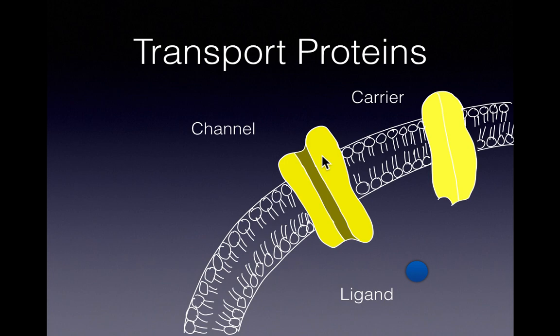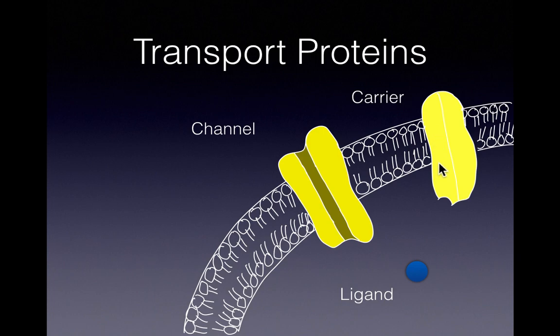It's possible, with a phosphorylation or a ligand binding, but for the most part, a leak channel or a channel protein is going to stay open, and it's going to enable specific particles, not any particles, specific particles, to come through that channel. And this channel is engineered in a way that it's only going to allow specific particles to pass through that channel. So again, channel protein: open all the time.